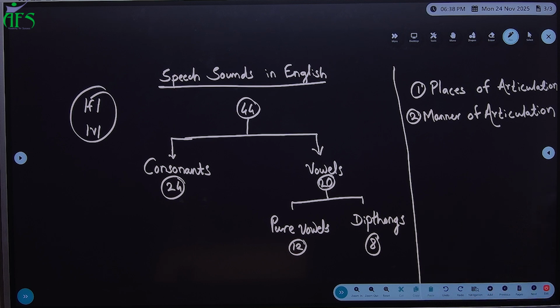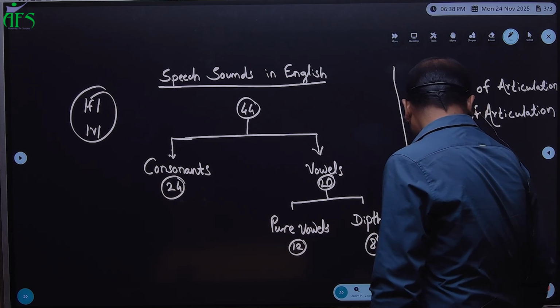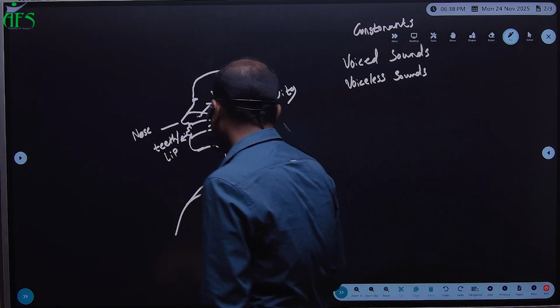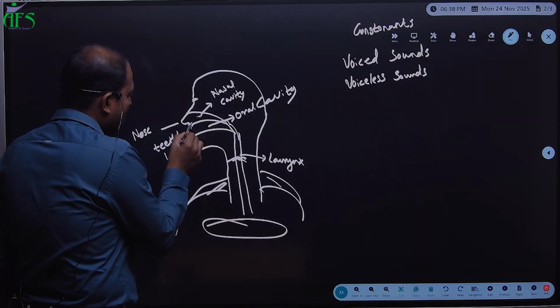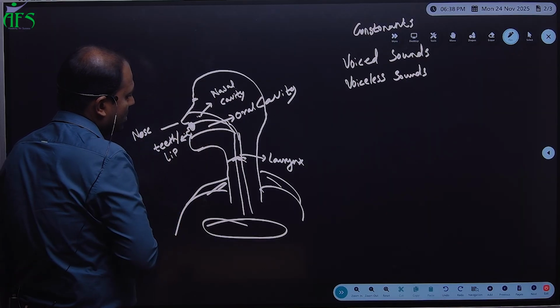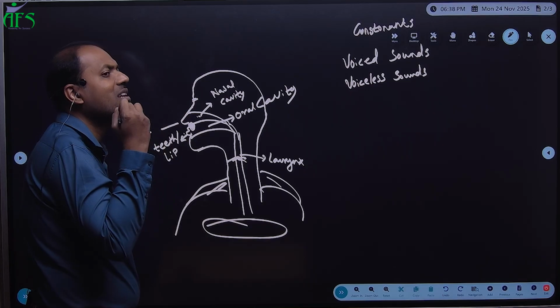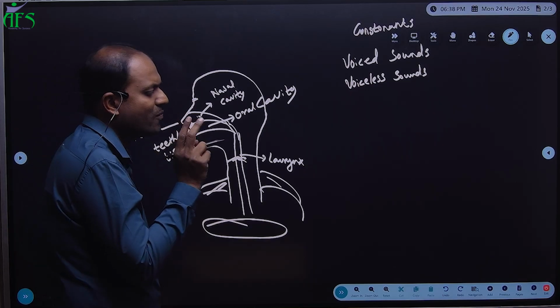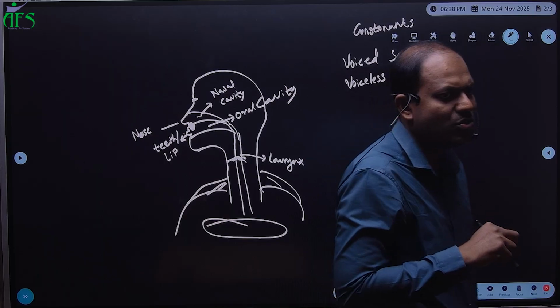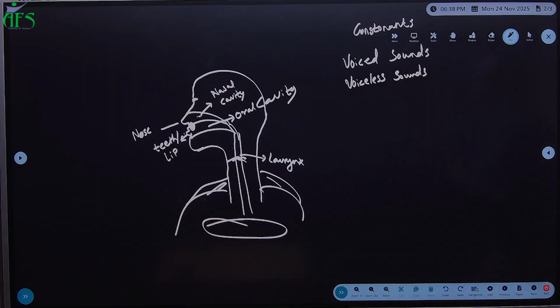Behind your upper teeth. Here is the alveolar ridge, right? Behind the upper teeth, you can feel the line there. You touch your fingers there behind your upper teeth. That alveolar ridge.